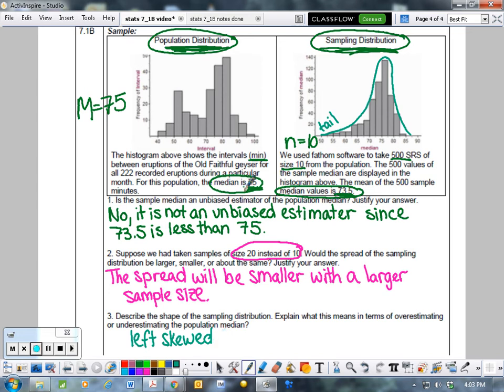If the true median is 75, which is right about here, look how much more of our data is below the 75 rather than above it. That means more often we're estimating below the true median, so we are going to underestimate the population median.